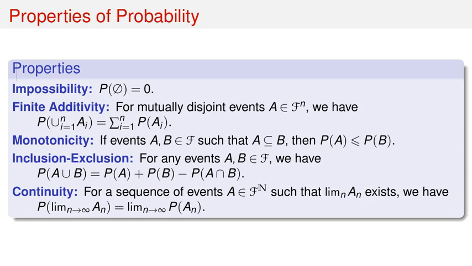For a sequence of events A_n in script F, such that the limit of A_n as n goes to infinity exists, then the probability of the limit of A_n as n approaches infinity, P of limit A_n, is equal to the limit as n approaches infinity of P(A_n).